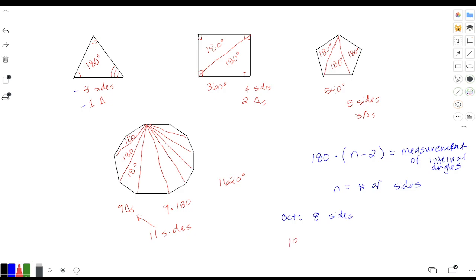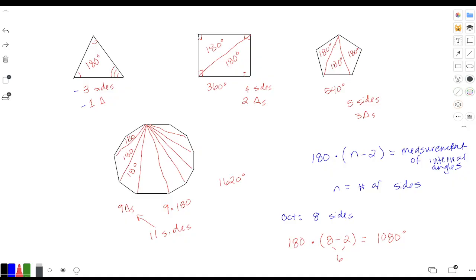It's 180 degrees, because we're taking that 180 degree measurement for each triangle, and the number of triangles is 2 less than the number of sides, so we can say 180 times 6, because this is going to come out to be 6, is going to be 1,080 degrees. So in total, all of those are going to equal 1,080 degrees.